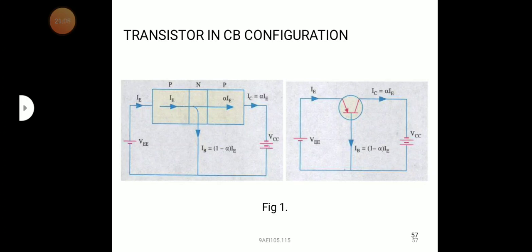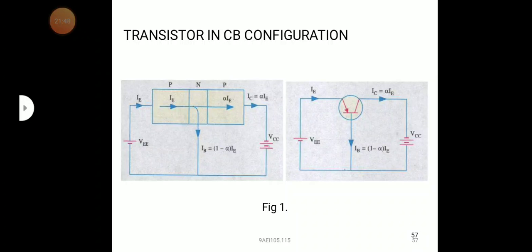The input supply voltage is VEE and the output biasing voltage is VCC. So IE equals IB plus alpha IE, that is alpha IE plus 1 minus alpha IE. You can also have the equation IC equals alpha IE plus ICBO or ICO. You can see the PNP transistor in the common base configuration.